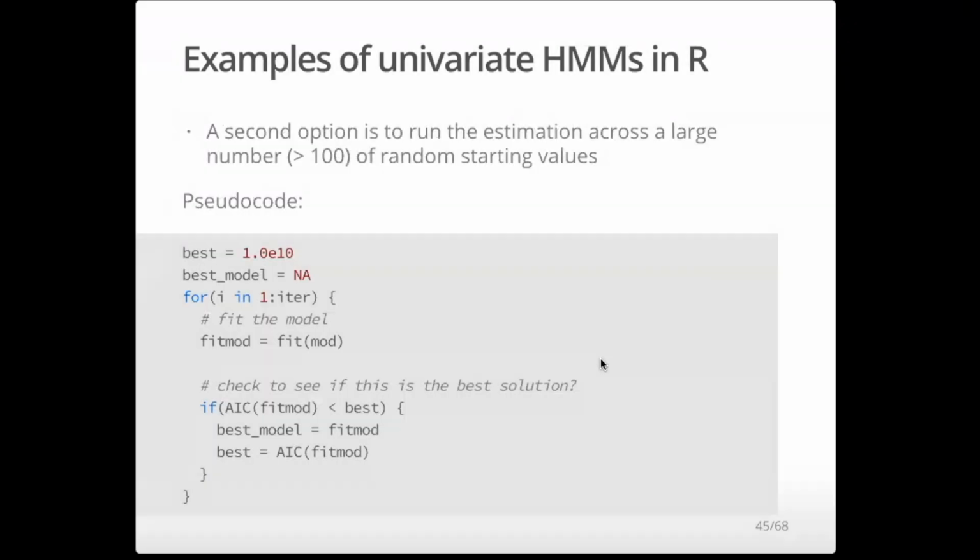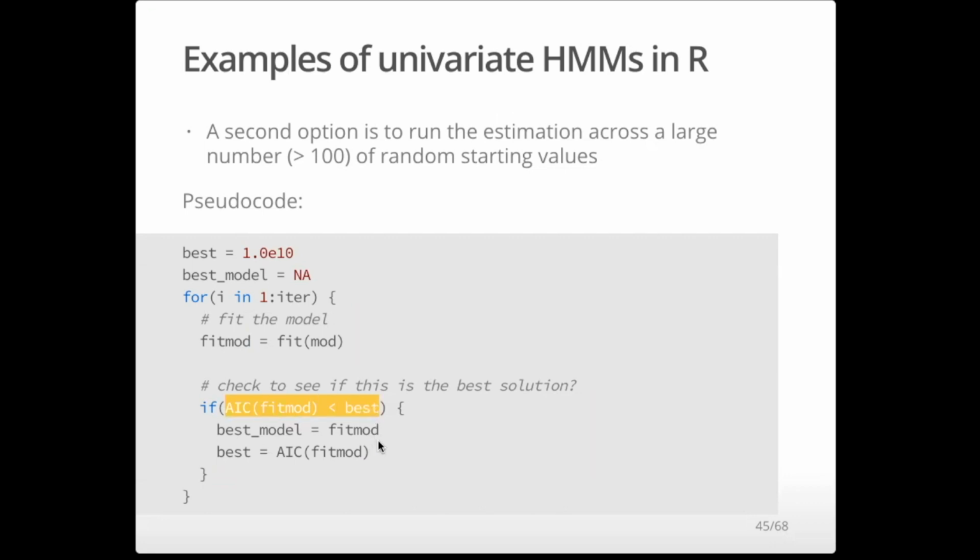One way to do that is another brute force approach, where we would use AIC to find the best model. We run this loop a large number of times, maybe 100 times. We keep refitting the model 100 times from 100 different starting locations. After each fit, we check if the AIC of our fitted model is better than the best that's ever been observed.